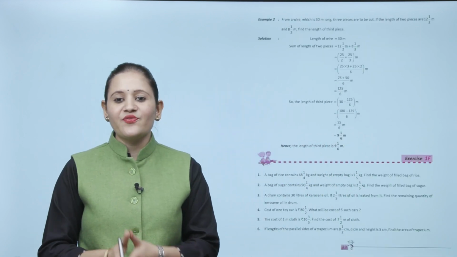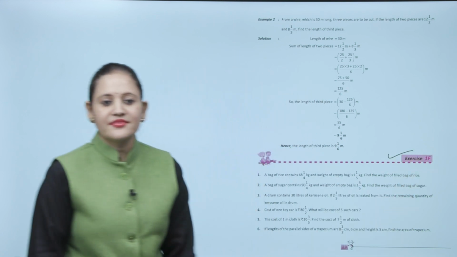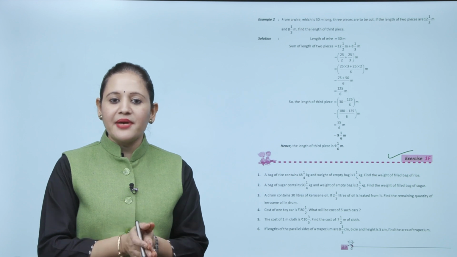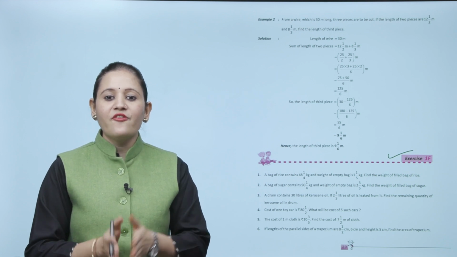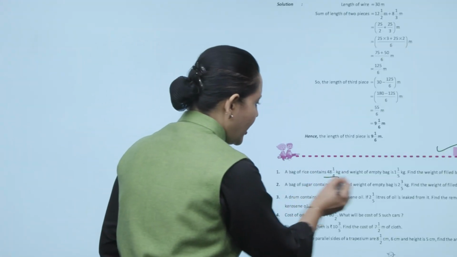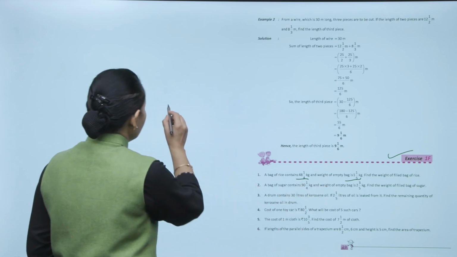Next is exercise 1F. A bag of rice contains 48 1 by 4 kg and the weight of the empty bag is 1 by 5 kg. Find the weight of the filled bag of rice. So we have to add. We'll add both.